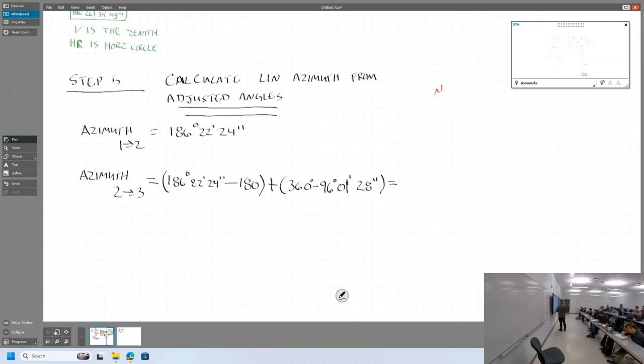And that's going to be the azimuth from 2 to 3 of 270 degrees, 20 minutes.